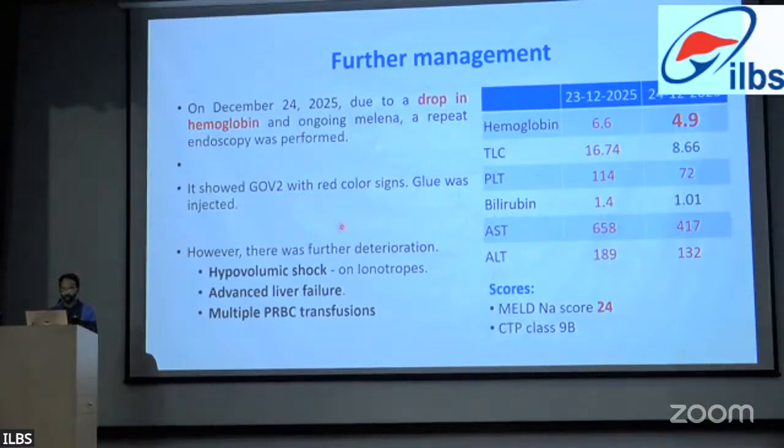However, there was further deterioration with hypovolemic shock. The patient was on triple vasopressor support and hemodynamically unstable. There was liver failure, and multiple blood transfusions had been provided. The MELD-sodium score for the patient was 24, and it belonged to a CTP class of 9B.